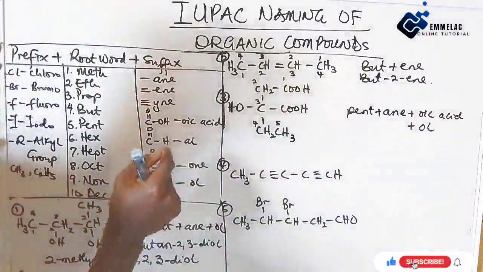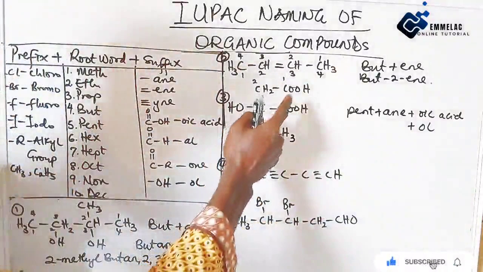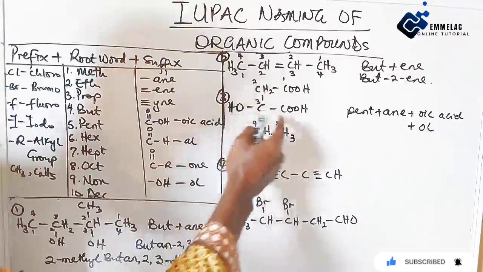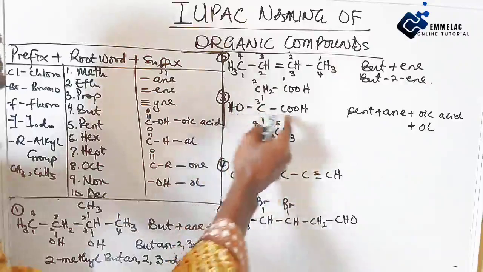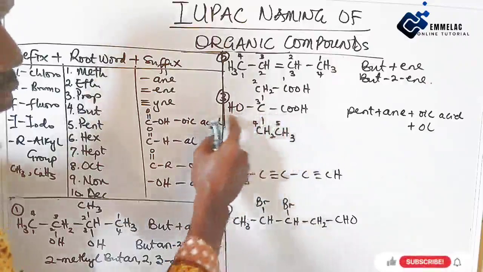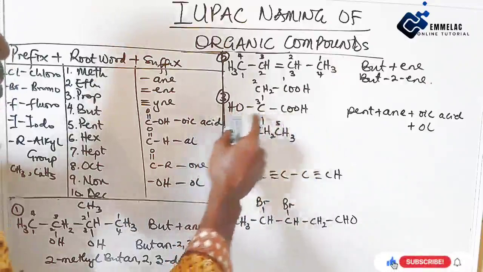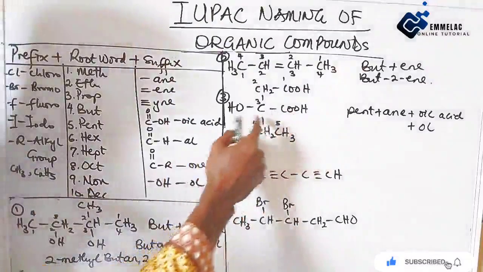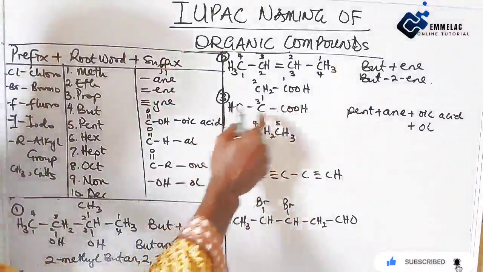Since we've identified one of the functional groups, which is this, this and this now become the prefix. They become the prefix. And as they become the prefix, which of these comes first?